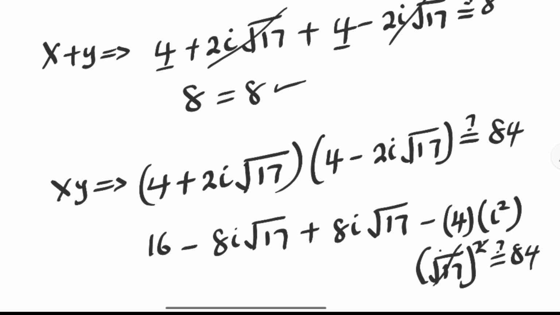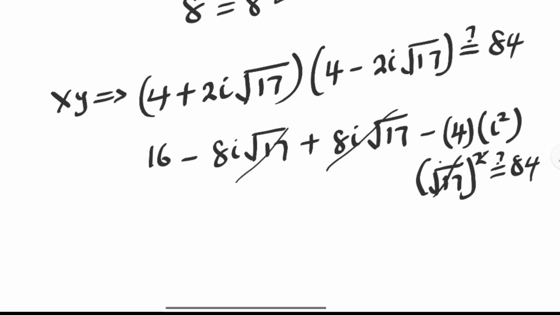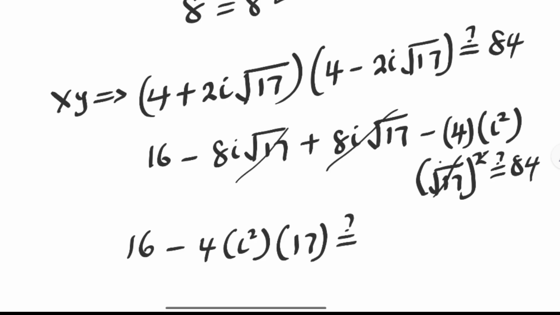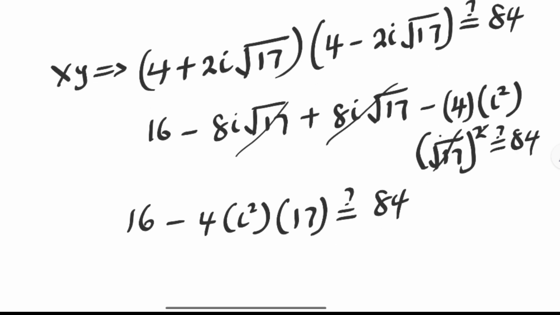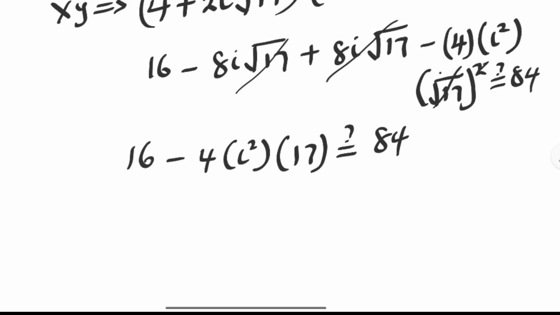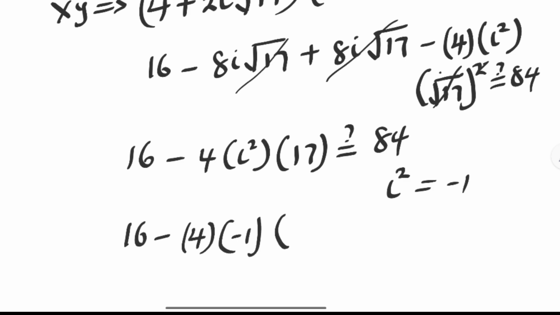This cancel this. This cancel this. 16 minus 4 multiplied by i square multiplied by 17 must be equal to 84. i square is equal to minus 1. Then we have 16 minus 4 multiplied by minus 1 multiplied by 17 must be equal to 84.